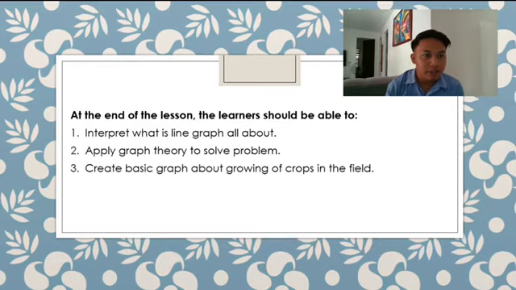But before anything else, let me first share with you our learning objectives. So those are the objectives. I need your cooperation and participation to attain them.